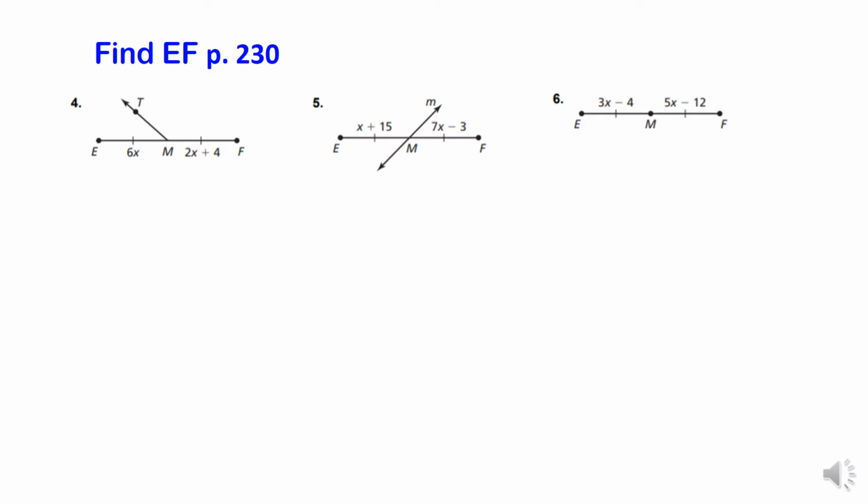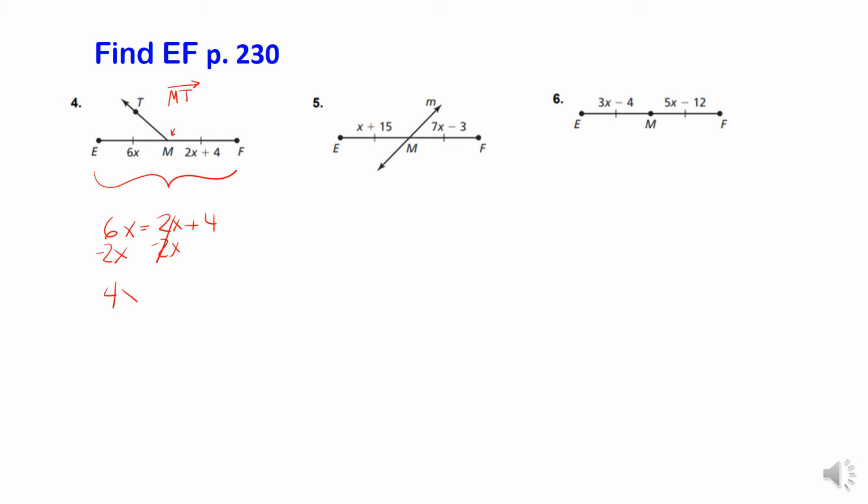So first of all, I have ray MT is the bisector. Okay, remember that's the endpoint, so that should be the first one you list. So I'm finding EF, which is the whole thing, but I have to find one first. So I'm going to do it the same way I did before. 6x equals 2x plus 4. Subtract 2x from each side.